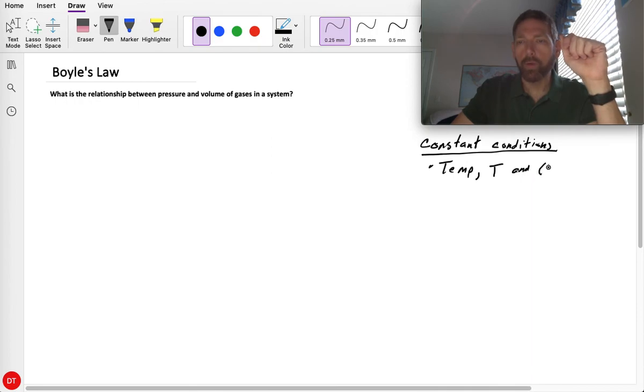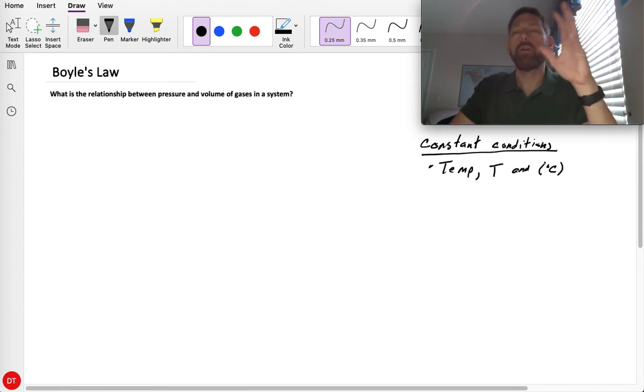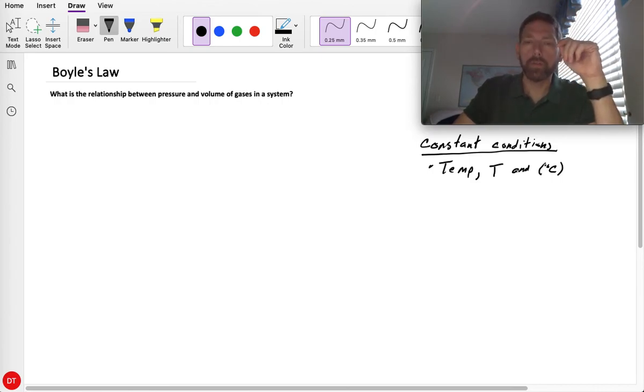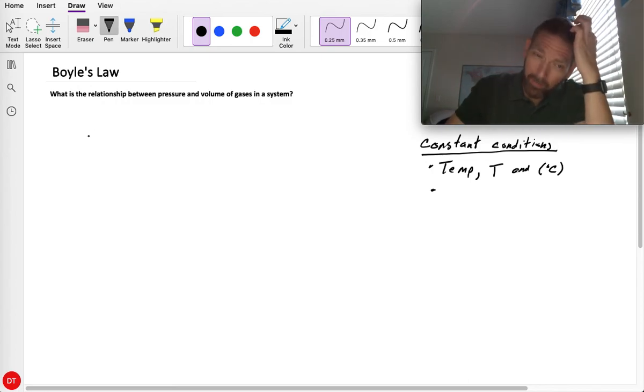And of course, we measure that in degrees Celsius. So we'll find later that we will not use that in certain calculations, but for the purposes of this video, it works just fine. And we'll look at what the other condition is in just a moment, after we look at this concept. So let's think about this for a second.